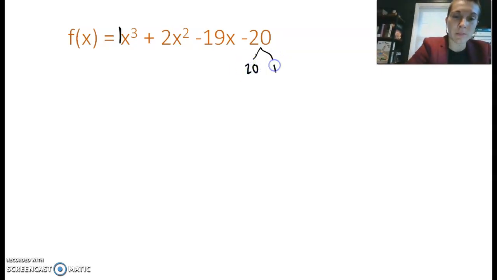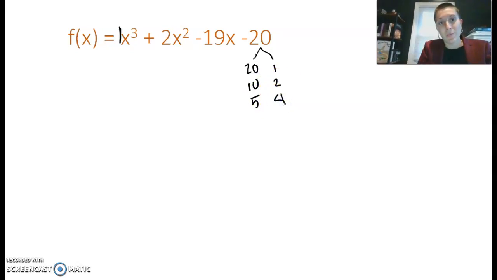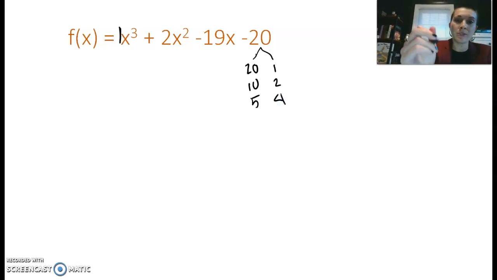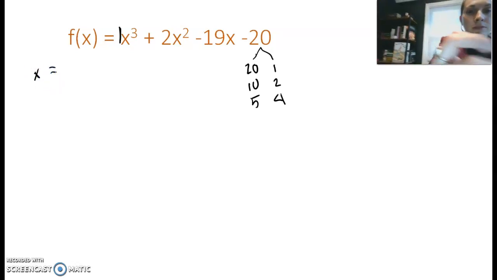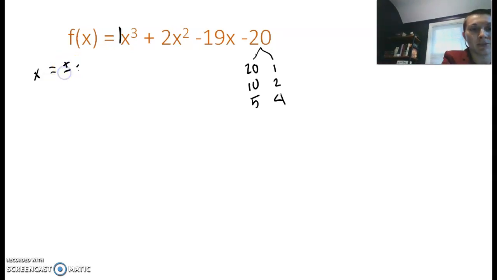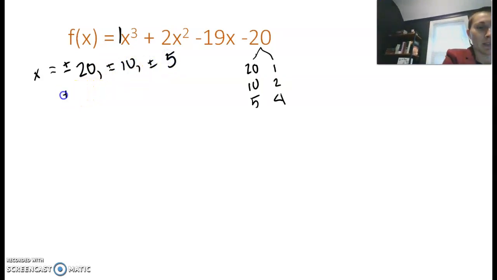20 and 1, 10 and 2, 5 and 4. So again, because our leading coefficient is 1, our possible zeros are x maybe equals plus or minus 20, plus or minus 10, plus or minus 5, plus or minus 1, plus or minus 2, plus or minus 4.